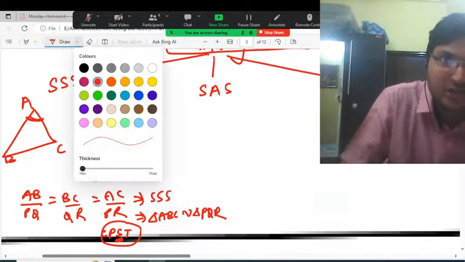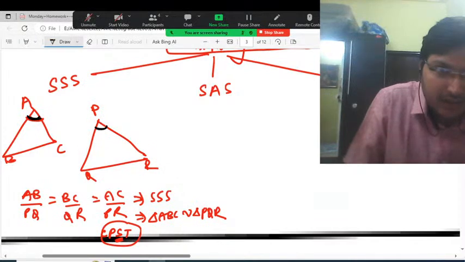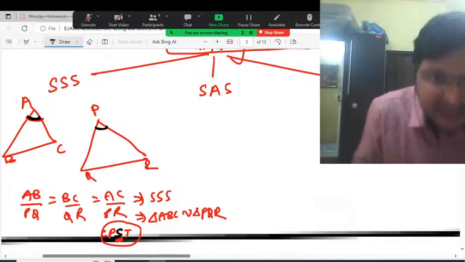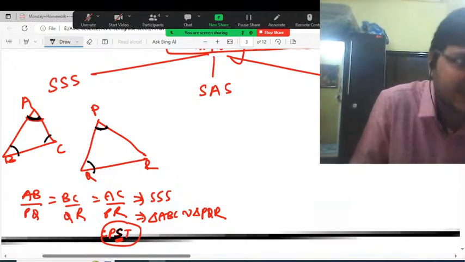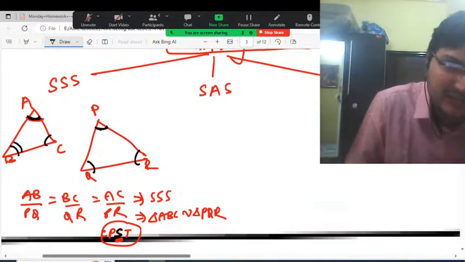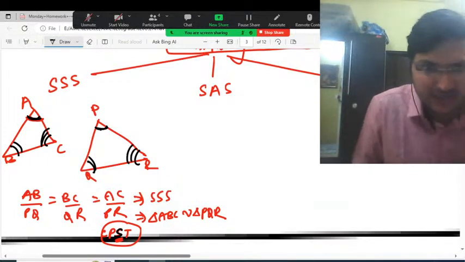Do you remember congruency? In a similar way it is similarity. By CPST we can say that angle A is equal to P, B is equal to Q, C is equal to R. They can be said equal by CPST if they are proven similar.